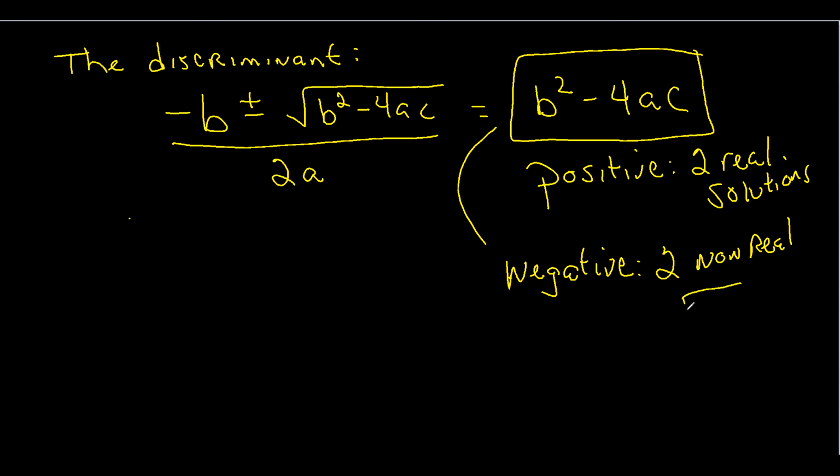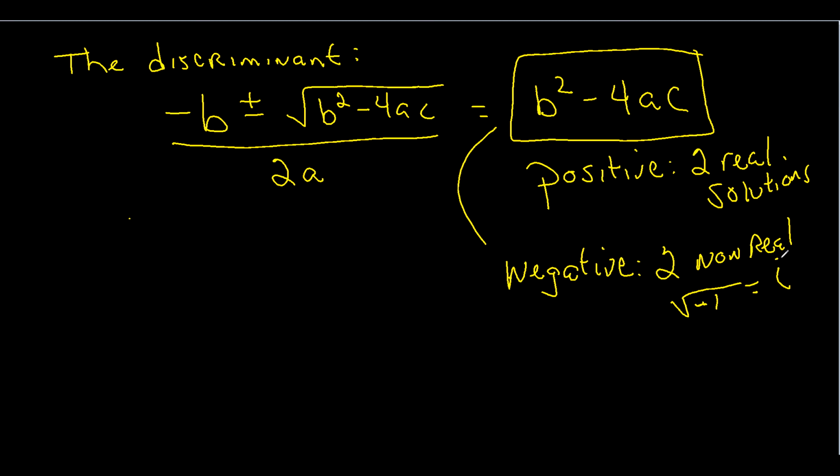Again, if you have a negative number in the radical sign, you're going to get the i. The i is the imaginary numbers, and imaginary numbers are non-real numbers. So that's fairly sounding complex, but it's quite understandable.